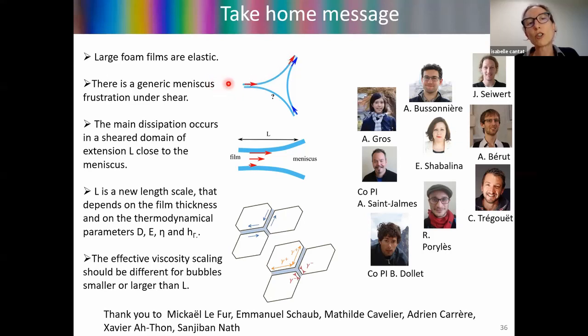So the interface should get closer to the meniscus and then slide over the meniscus and reach the other side. And this part of the way is almost free in the dissipation. There is no big dissipation associated to this part of the path.